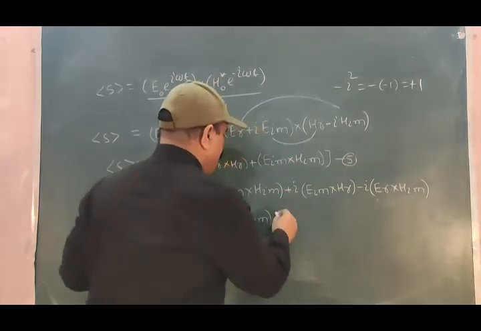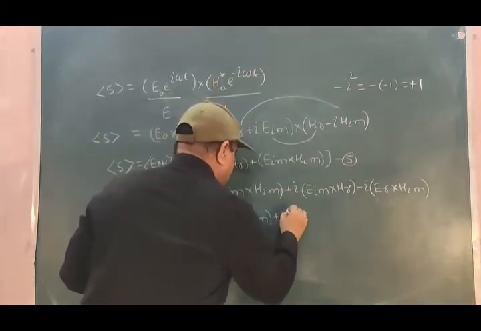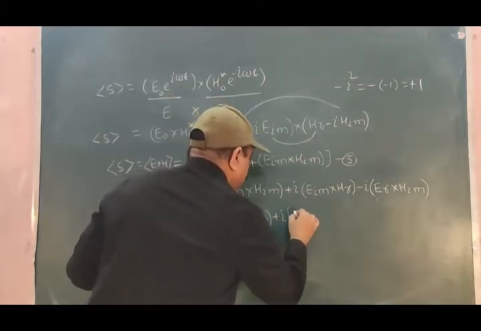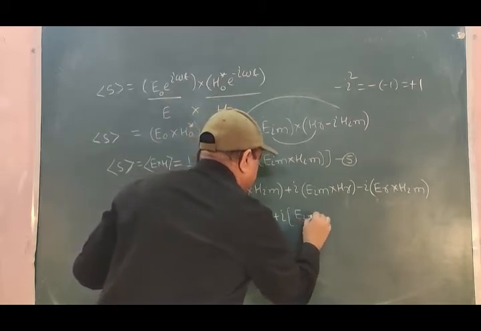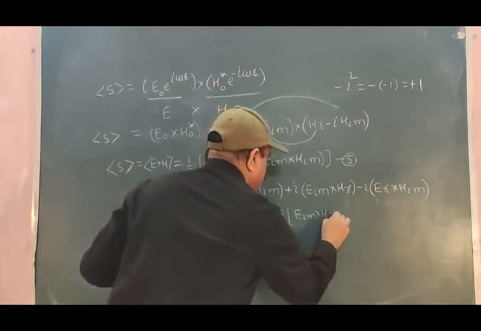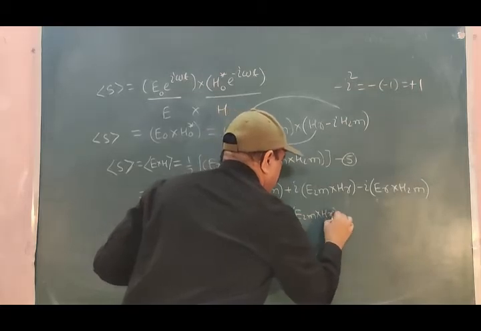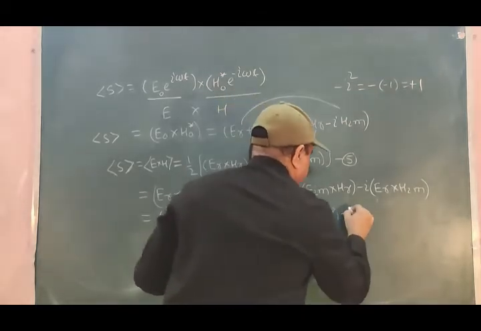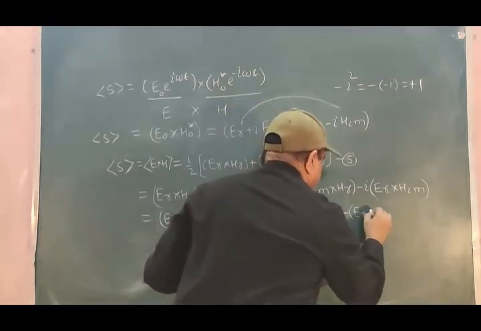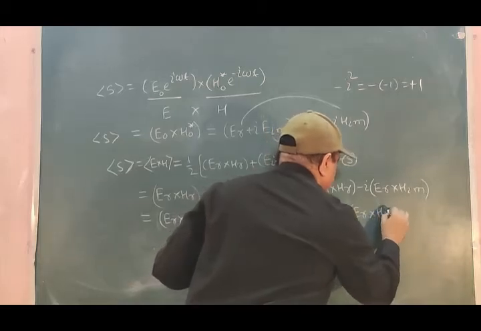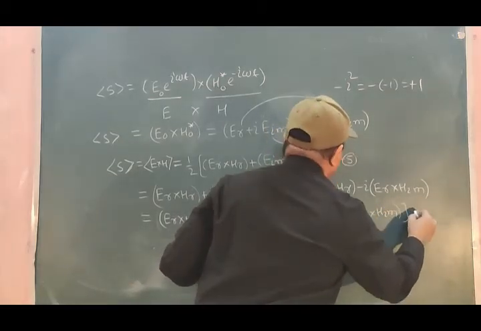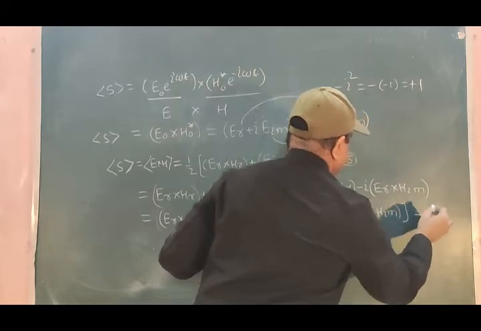I can be taken common, plus i is taken common. The first term will be E_IM cross H_R minus E_R cross H_IM, equation number 6.